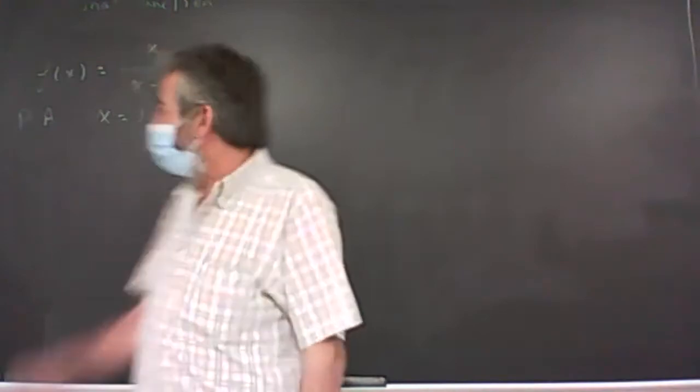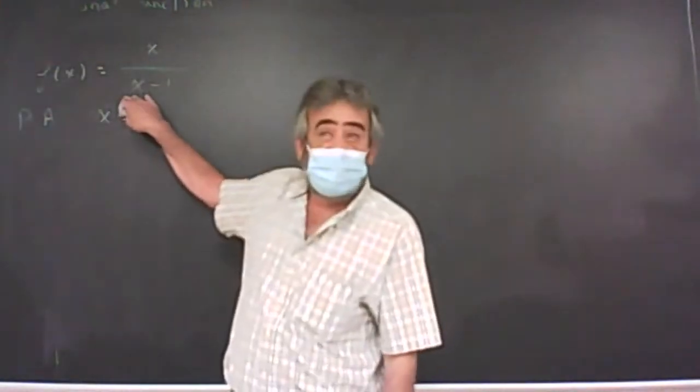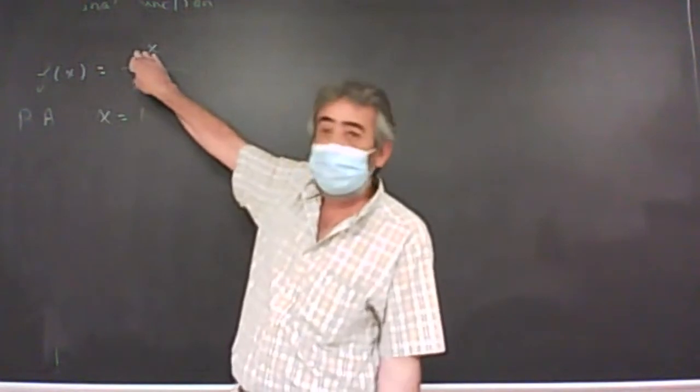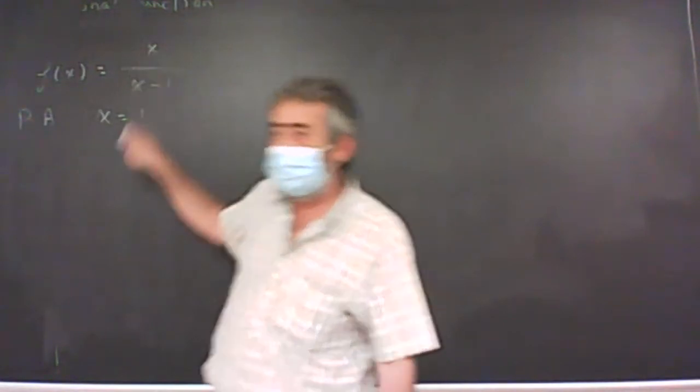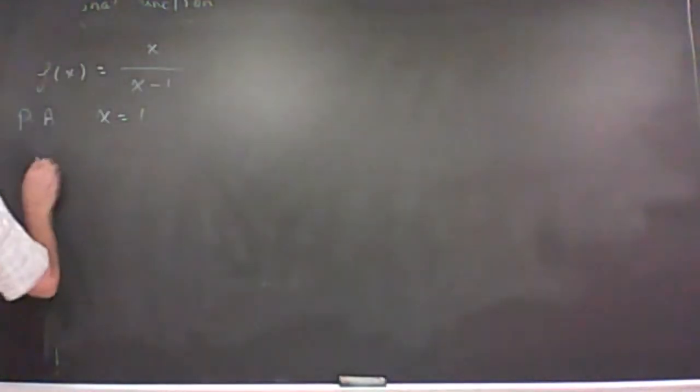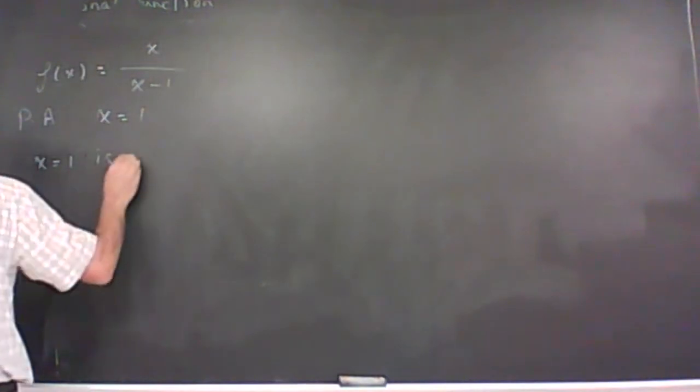Now 1 is the exception. If I take 1 and put it on top, do I get a 0? No. So x equals 1 is a vertical asymptote. Does that make sense? Easy enough? Let's do another one.